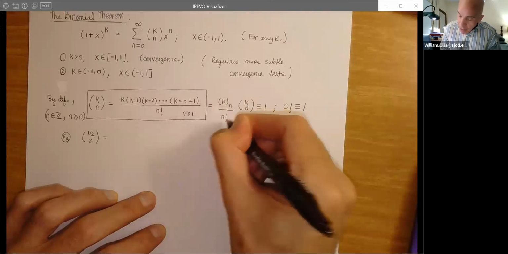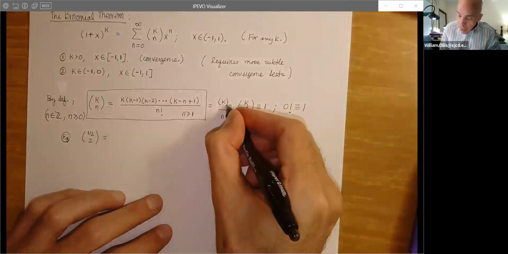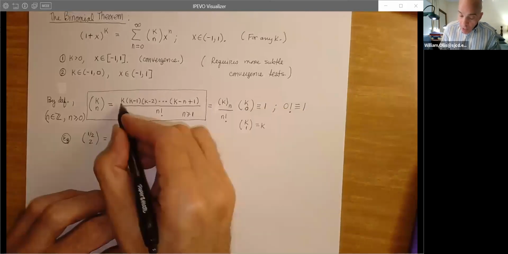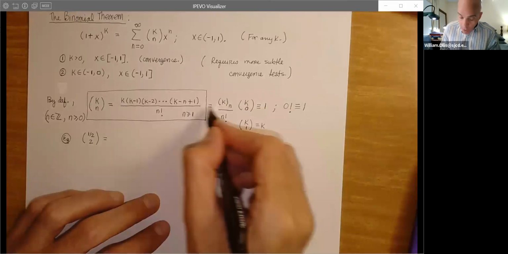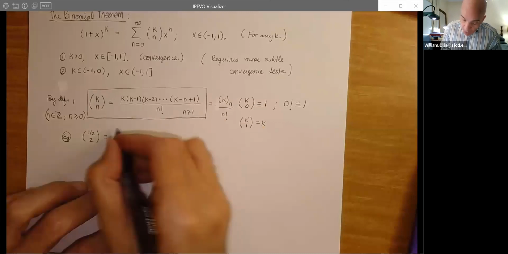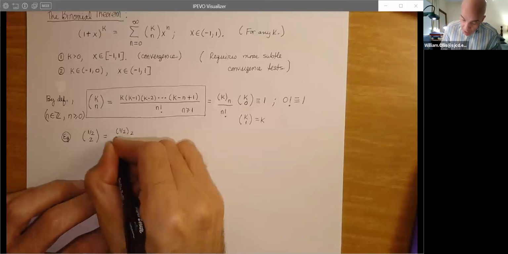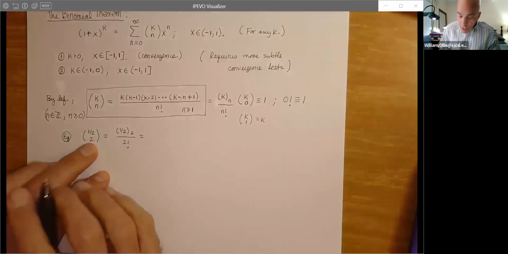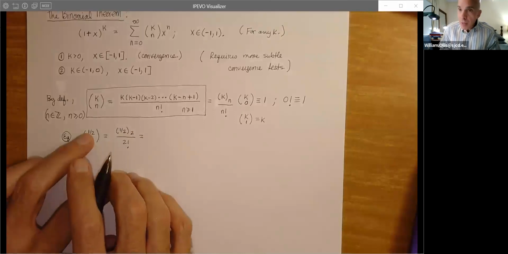Now, even though this is descending, we're going to think of this as n factors. So you start with k, and the nth factor is k minus n plus 1. So if I did this one, it would be 1/2 perm 2 divided by 2 factorial. So this not only gives you the denominator, but it gives you how many factors you're going to get with the k.